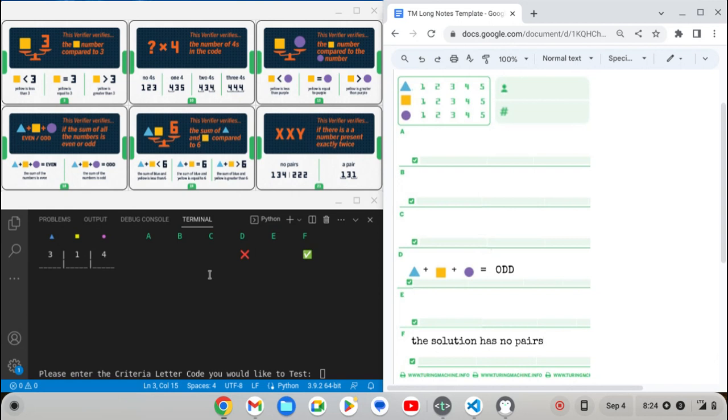So the risk is, well, either there are no 4s or 2 4s in the potential solution. I don't know if that's a good criteria card. I do like it, but I don't know if it's worth testing right now.